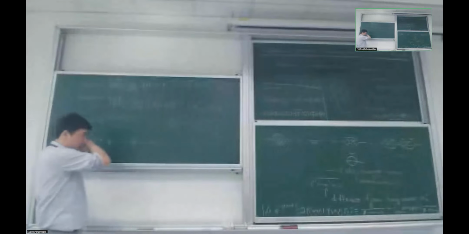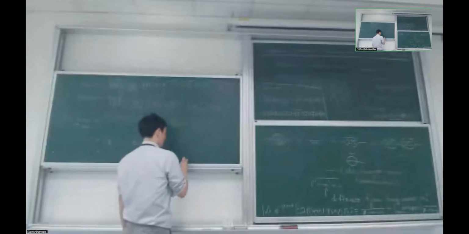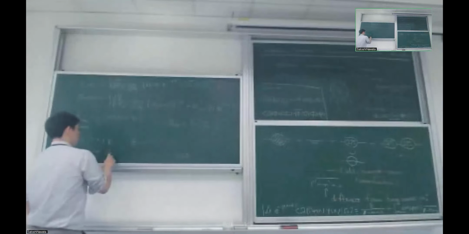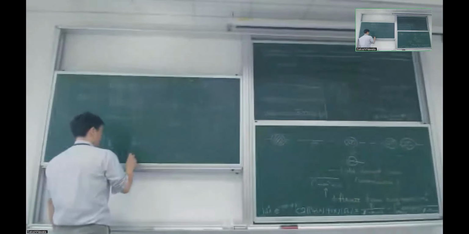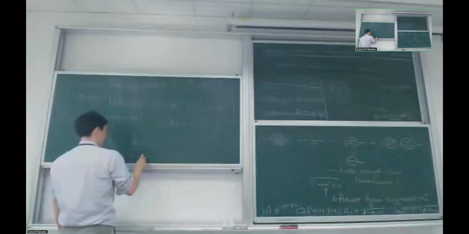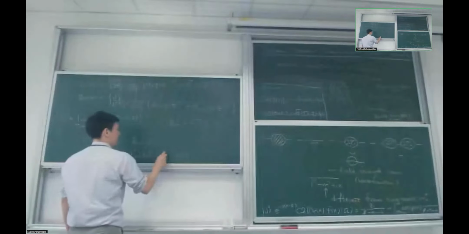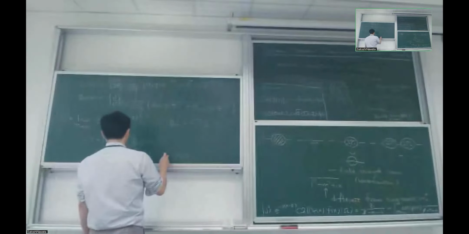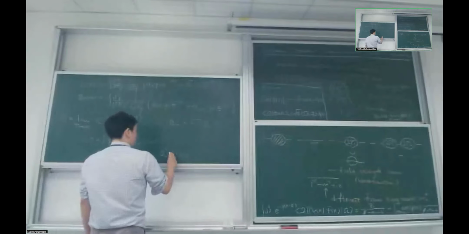Essentially you have the vacuum at past infinity, and you apply a dagger in of Q1, a dagger in of Q2, and so on.